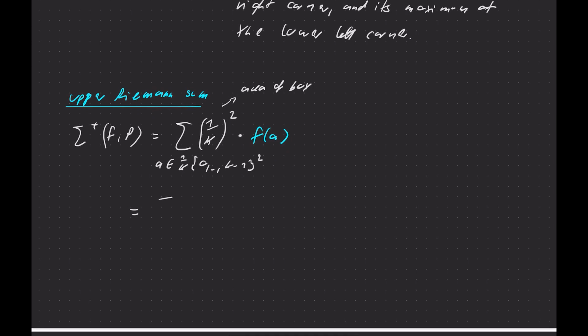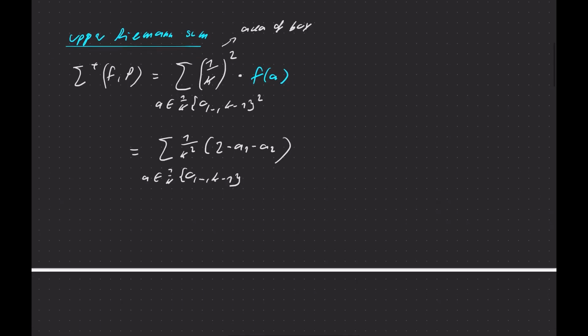So let's first substitute the actual function definition. Summing up over the same A, 1 over k squared times, and f of A is 2 minus A1 minus A2. Okay, let's use properties of that sum here.